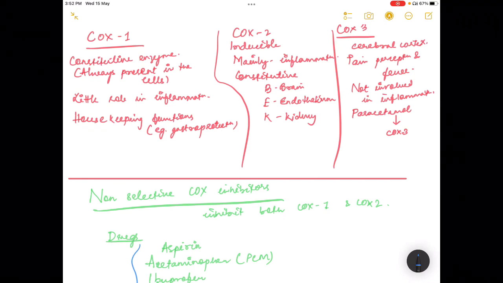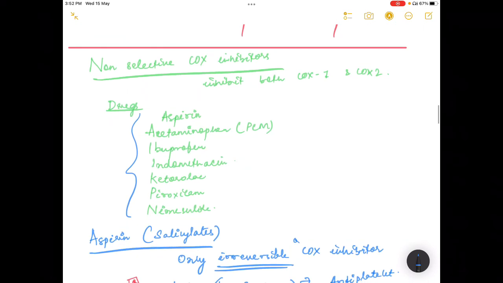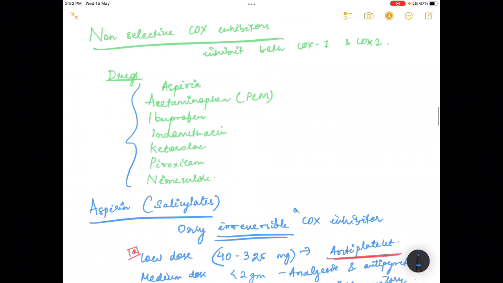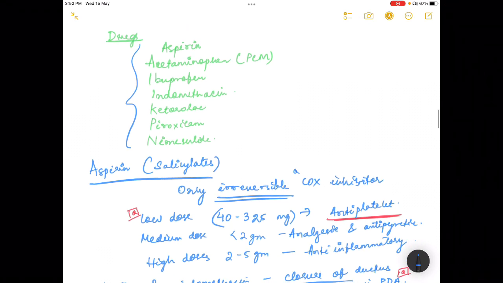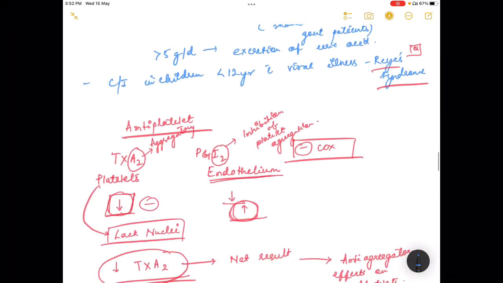COX-3 is responsible for pain perception and fever and is not involved in inflammation, and paracetamol inhibits COX-3. Then we discussed the non-selective COX inhibitors like aspirin, acetaminophen, that is paracetamol, ibuprofen, indomethacin, ketorolac, piroxicam and nimesulide.